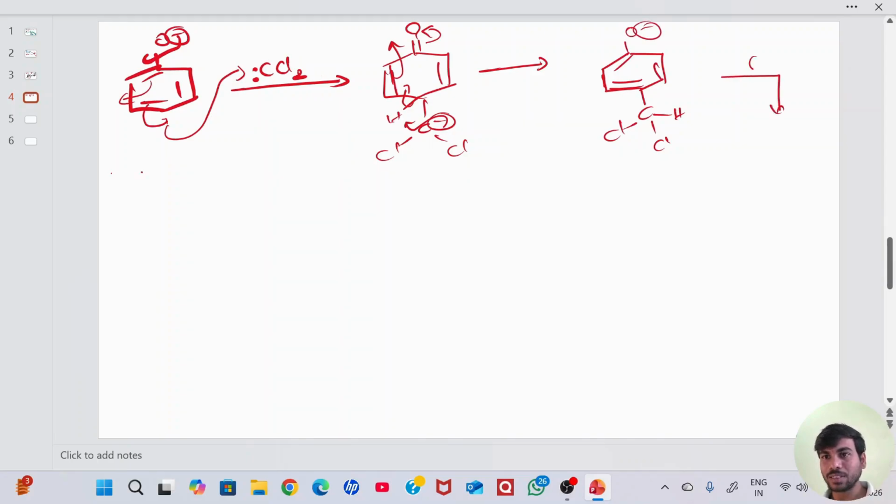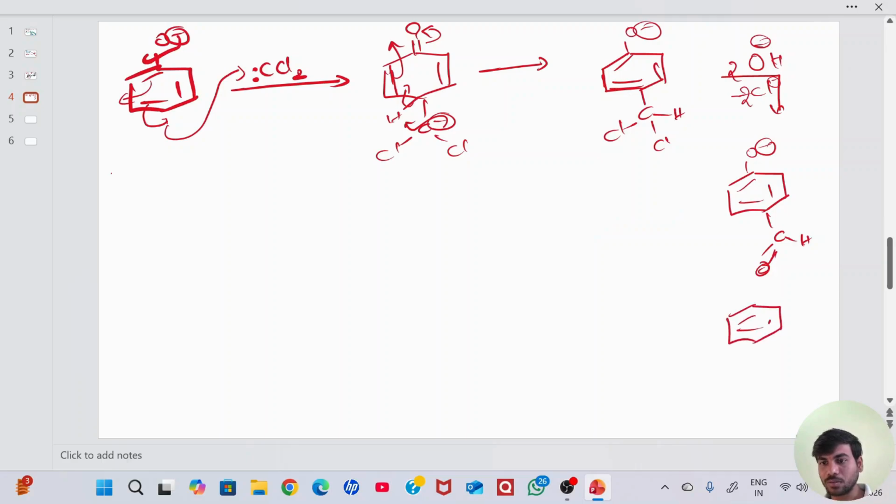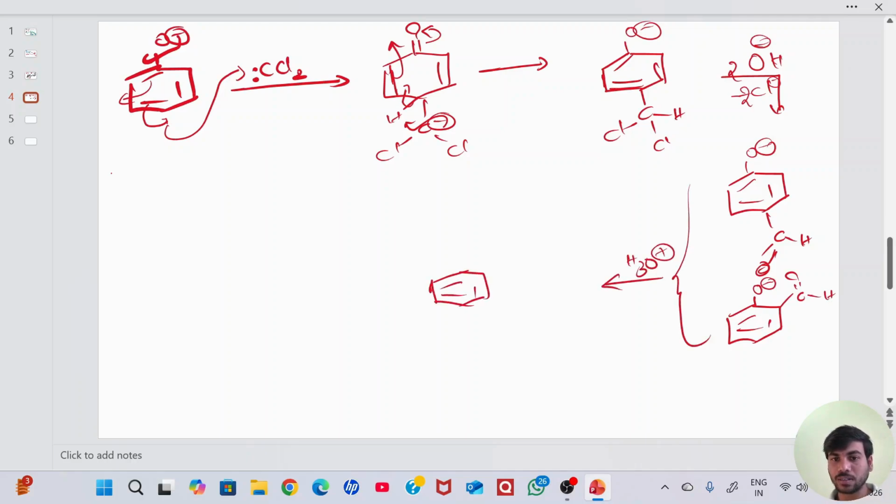Okay, and this molecule again, with the two hydroxyl centers, eliminates two chloride centers, and you will get a para-hydroxybenzaldehyde. Like after all these, for these two, or you can also go with the ortho moiety as well, O minus C double bond OH, and these two forms, and after this you will do workup of the reaction, where you will get OH and C double bond OH.